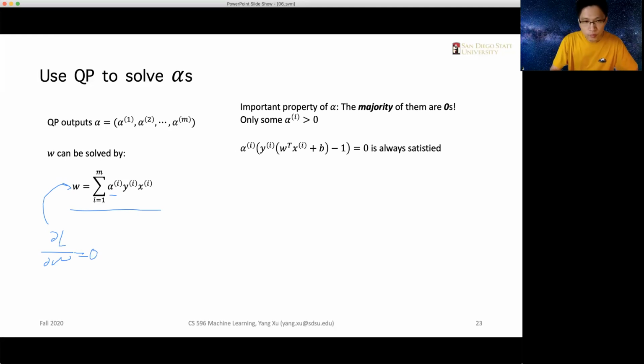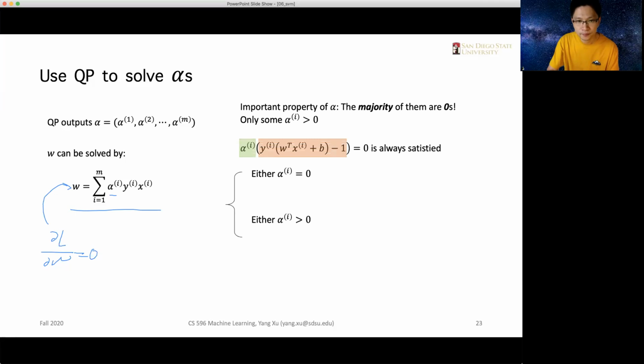One thing we will observe after we solve alpha is that the majority of the alphas are zeros, and only some of them are greater than 0. So this term, alpha times yi times (W transpose xi plus b minus 1), is always equal to 0.